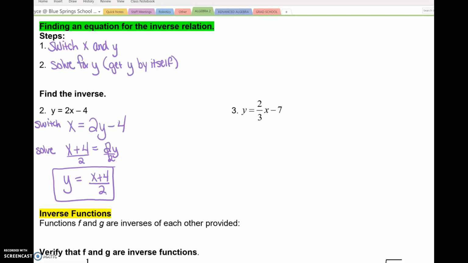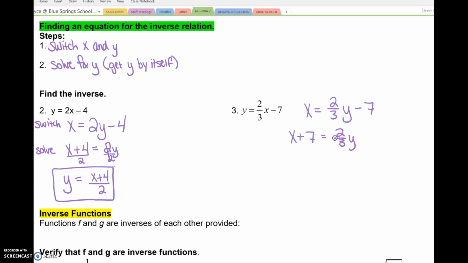Number 3, first step is switch. Y becomes x and x becomes y. Now we need to get y by itself. We would add 7 on both sides. Dividing by 2/3 is messy.